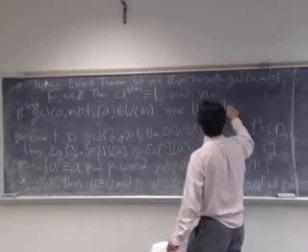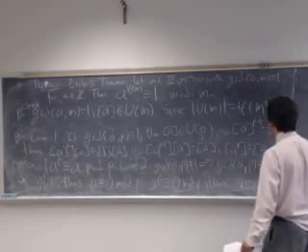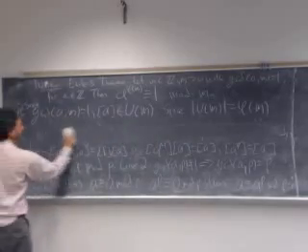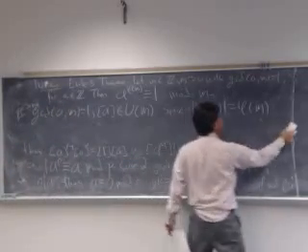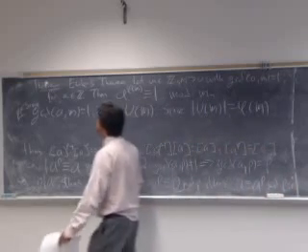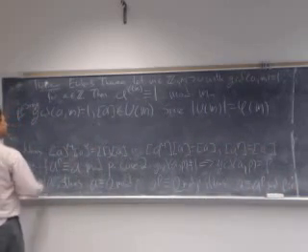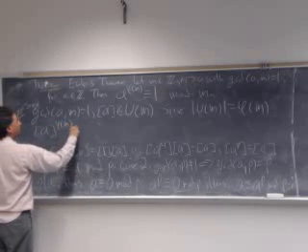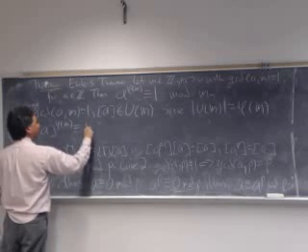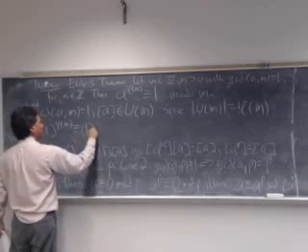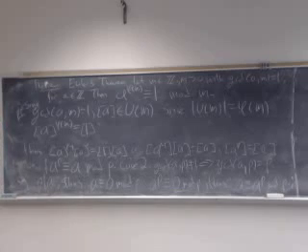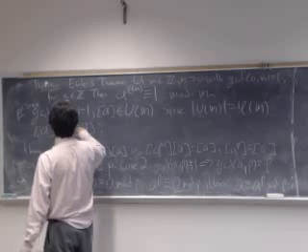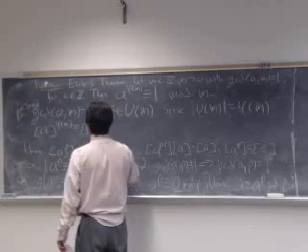So since the order of U_M is this Euler phi function, A to the Euler phi function has to be equal to the identity. Right? An element raised to the order of the group takes you back to the identity.